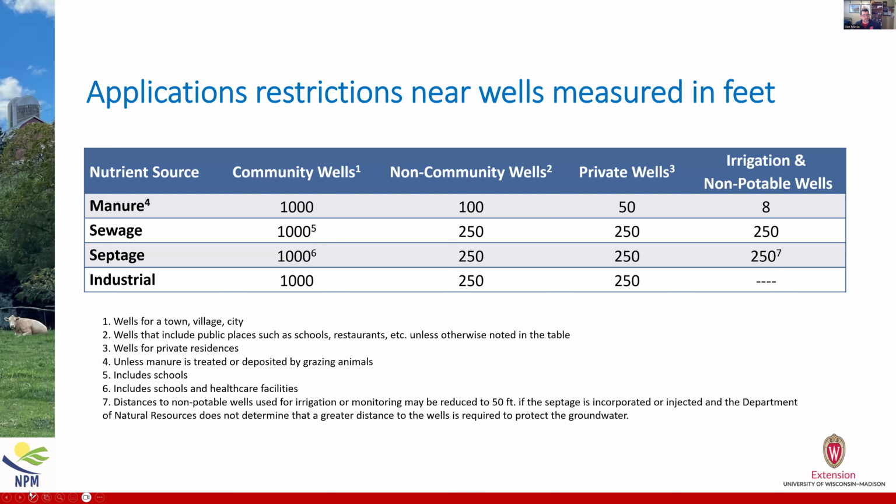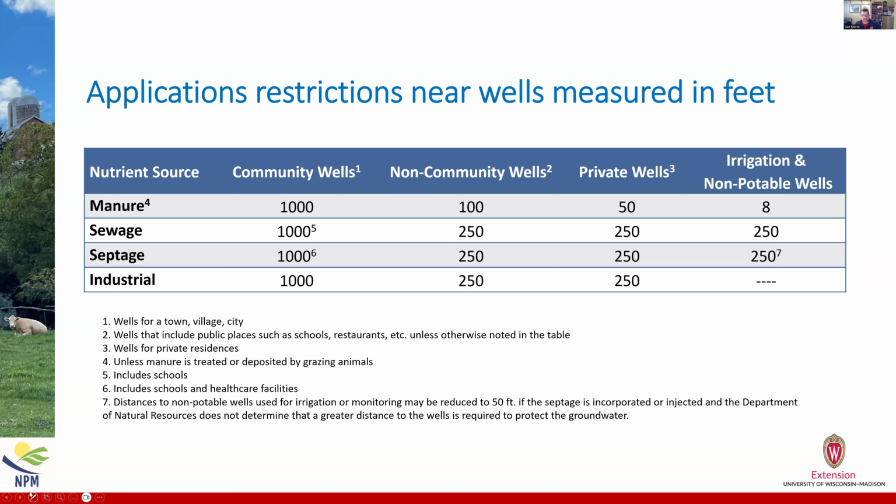Non-community wells also include schools, unless it's sewage or septic, town halls, restaurants, etc., where people gather together. For manure, that's a 100-foot setback, whereas for sewage, septic, and industrial waste, that's 250 feet away from those wells. Private wells, for manure, we have 50 feet, and that increases to 250 feet as well for sewage, septic, and industrial.